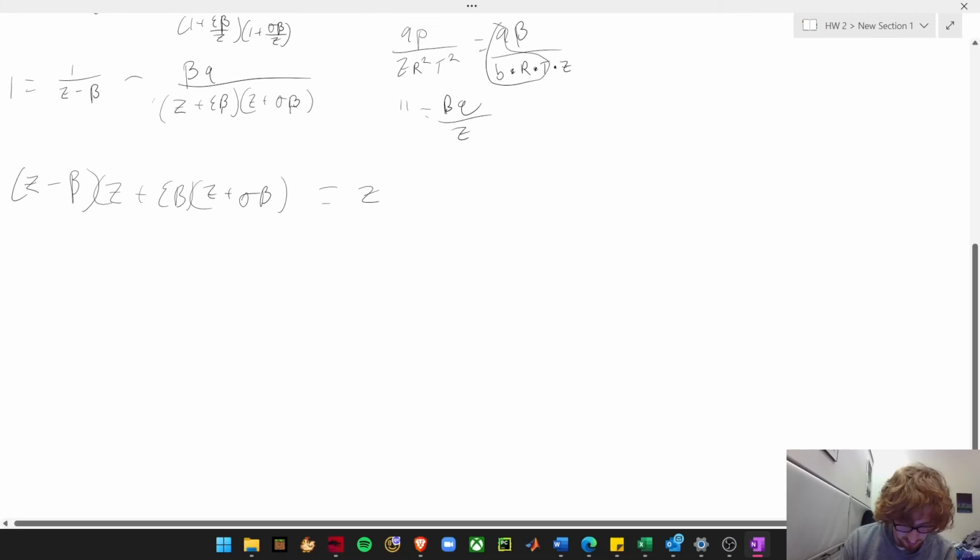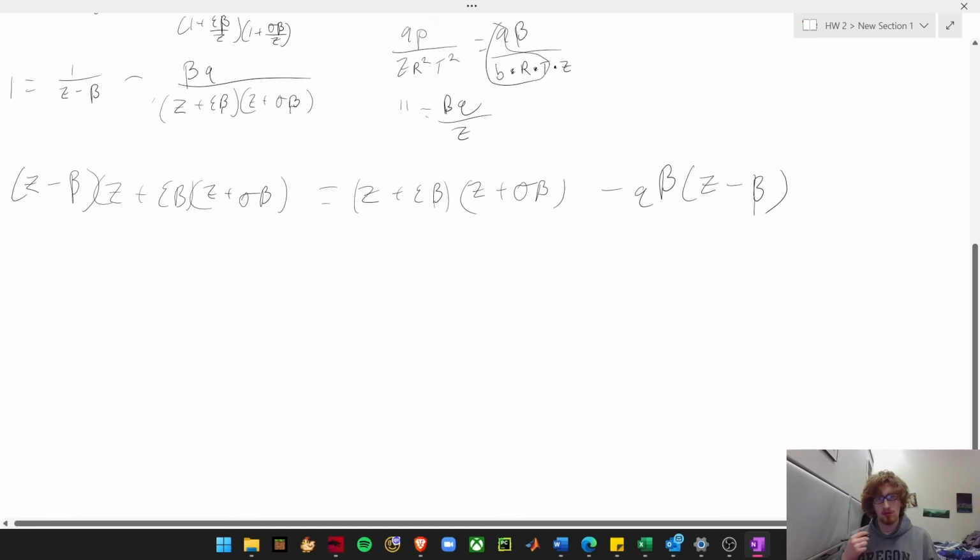Over here we're going to have a z plus epsilon beta, a z plus sigma beta, and then we're going to have a negative q times beta multiplied by our z minus b. Okay, so the form that we're shooting for here is going to be x cubed minus ax squared plus bx plus c.